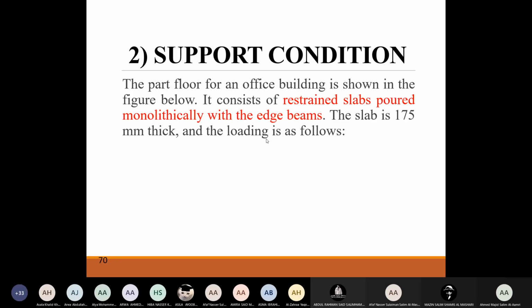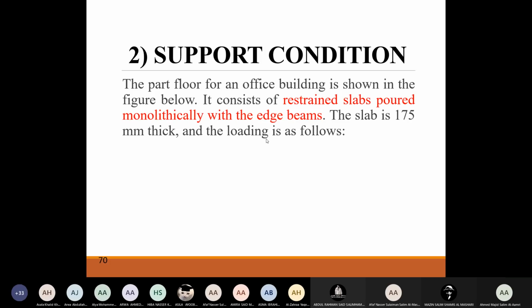So it says for you it consists of restraint, so it's very clear that it's restrained.